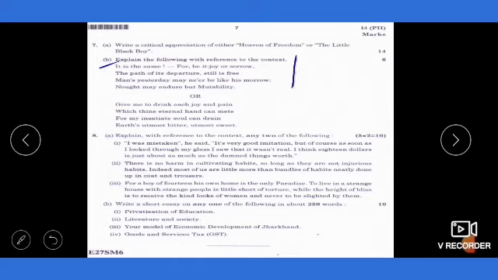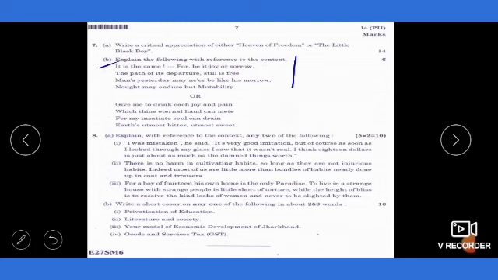Either you explain this or you explain this: Give me to drink each joy and pain, which thine eternal hand can mete, for my insatiate soul can drain, earth's utmost bitter, utmost sweet. It is of 6 marks. Among these 2, you can attempt any one.